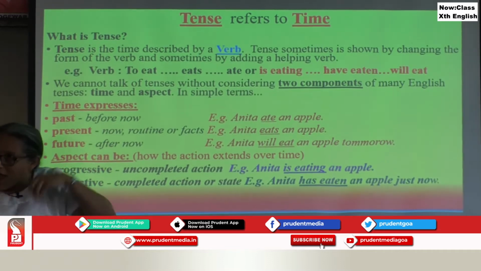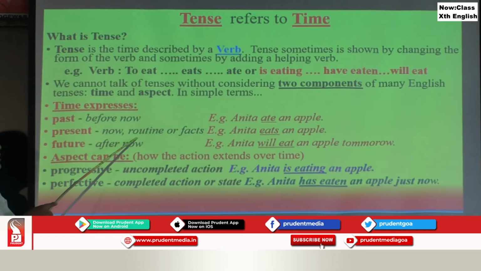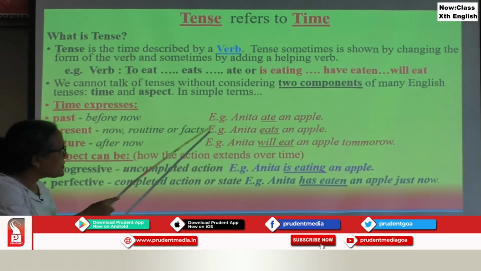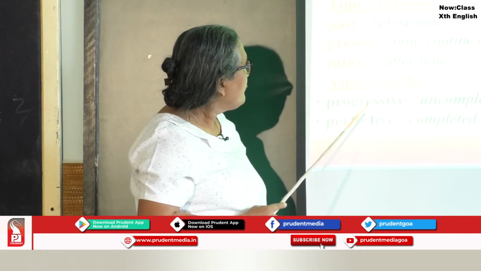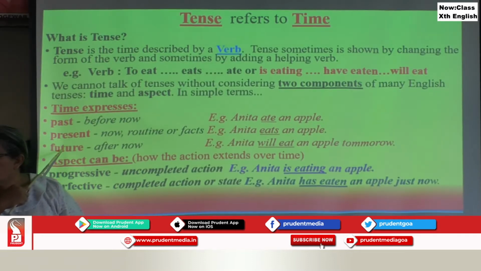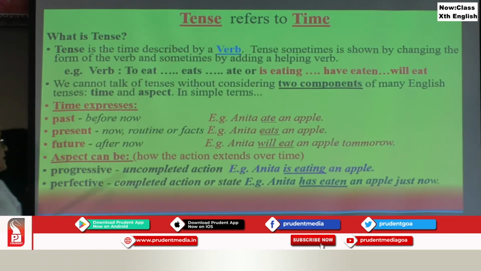Present is now. And also present is used to talk about routine or facts. I'll come to those examples. And time also refers to future. By future, I mean to come, that is after now. Look at these examples now.